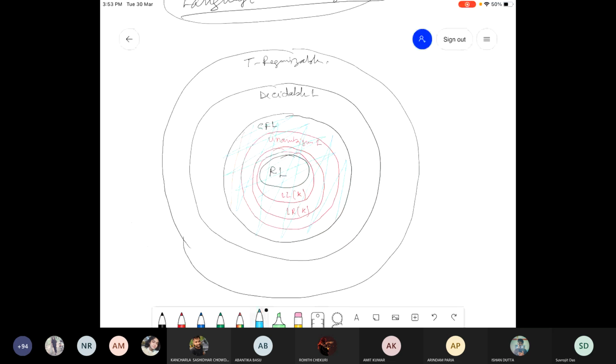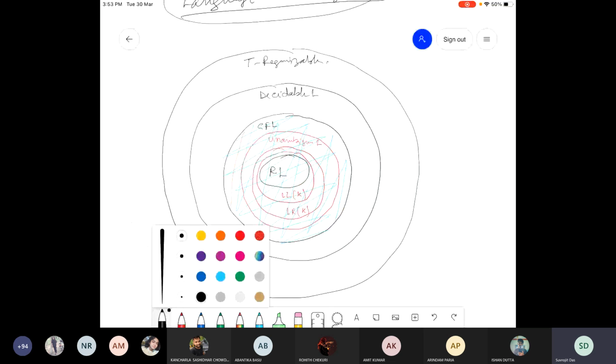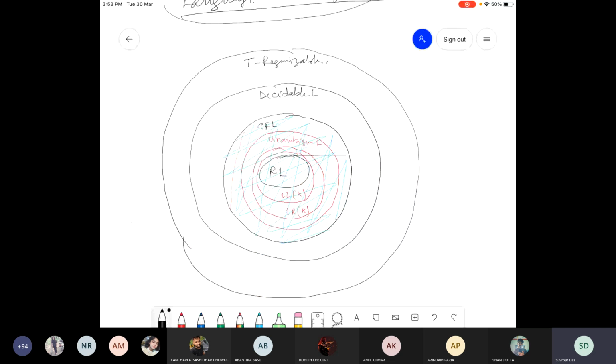As you had already seen, the machine equivalent of the innermost core, the regular languages, was the finite automata. That included both the DFAs and NFAs, both being of the same capability as far as language acceptance is concerned. The machine equivalent of context-free languages is a machine called pushdown automata.